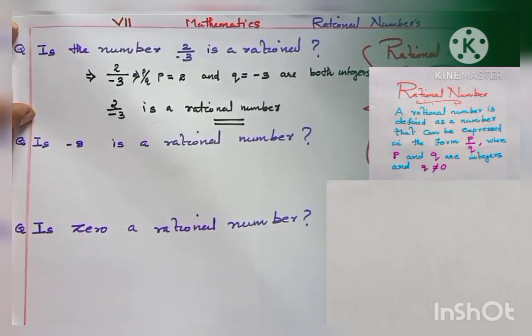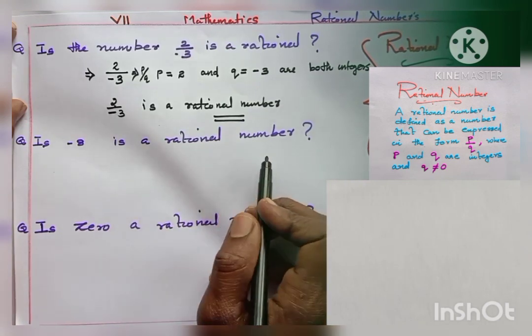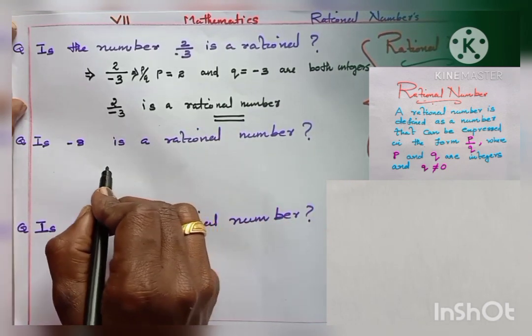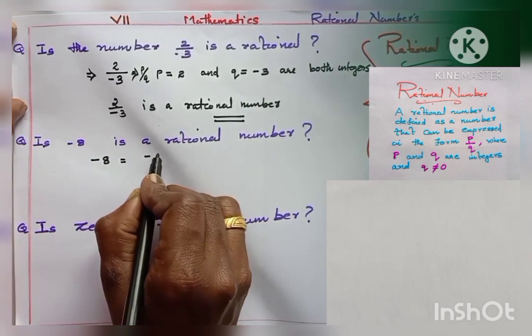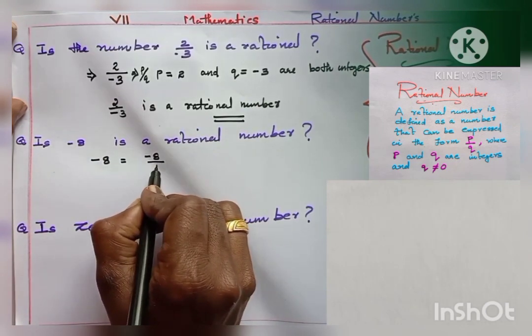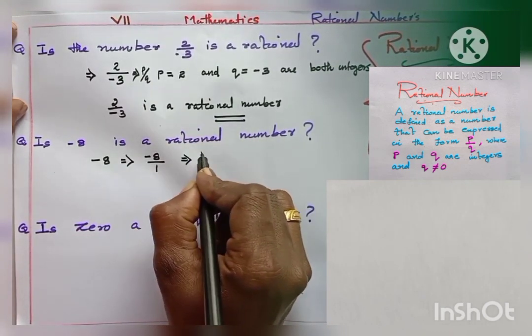Then is minus 8 a rational number? Minus 8 we can write as minus 8 by 1. Okay, this is the form of p by q.